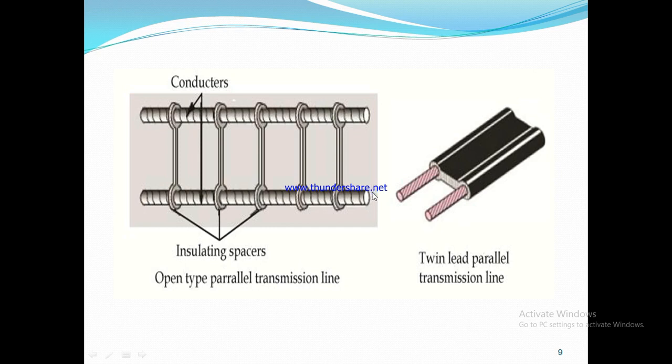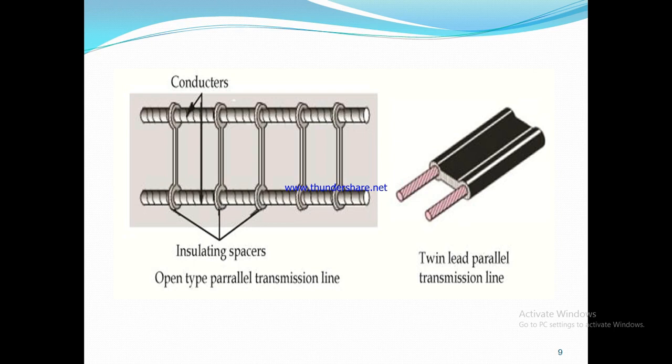To reduce the radiation losses from the cable and interference, a grounded shield can be placed around the cable. So here we place a grounded shield so that we can minimize the radiation losses. This shield plays no part in transferring the signal from source to destination.